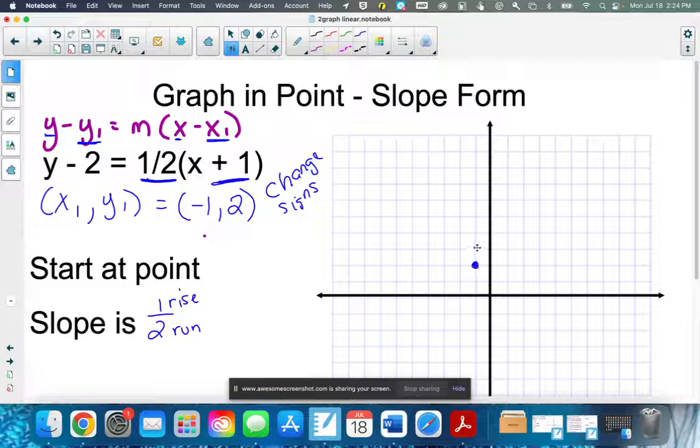So rise 1, run 2, rise 1, run 2, rise 1, run 2. I could keep going if I wanted to, there's enough room. Then we connect the dots and put our arrows. So again, this is very similar to slope-intercept form, but instead of being given a y-intercept, you're given a point. The big thing is just remembering to change your signs.